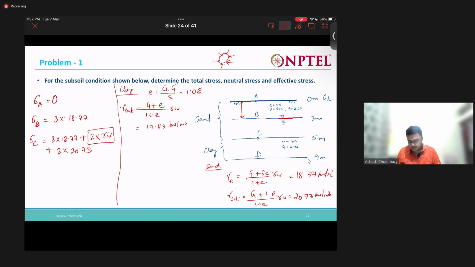So it's 3 into 18.77 plus 2 into 20.73. What will be my total stress at C? It should be 97.77.